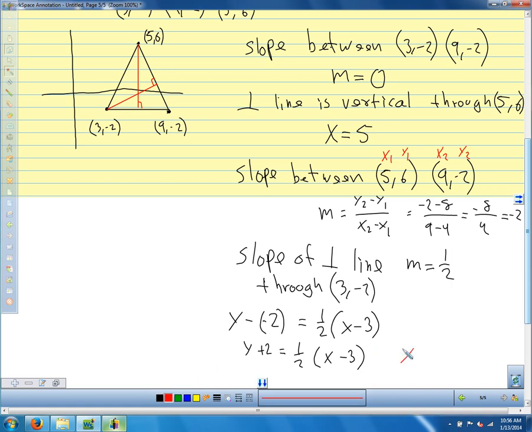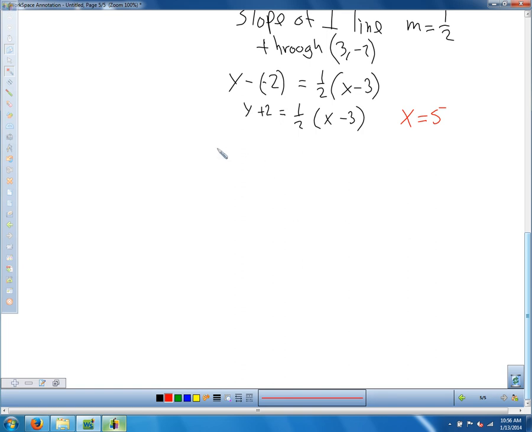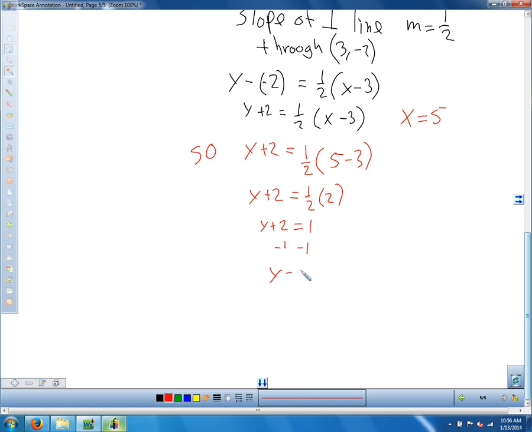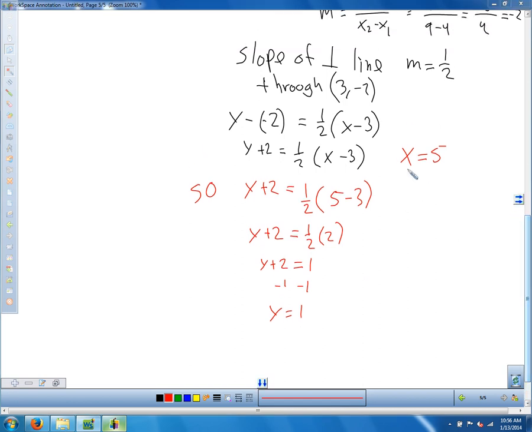So I'm going to substitute that in, x equals 5. So y plus 2 equals 1/2 times 5 minus 3. y plus 2 equals 1/2 of 2. y plus 2 equals 1. Subtract 2, and y equals -1. So our orthocenter is at the point (5, 1).